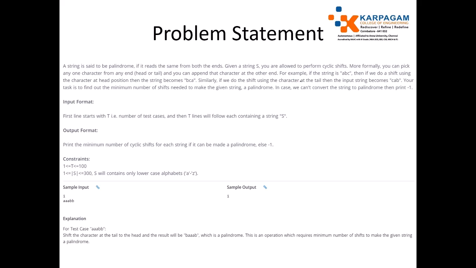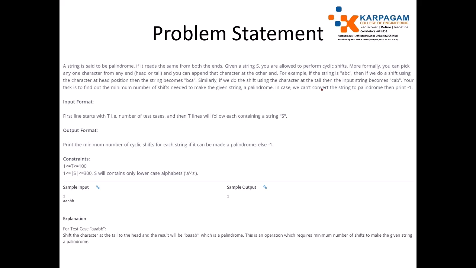For example, if the string is ABC, and we shift using the character at the head position, the string becomes BCA. Similarly, if you do the same shift using the character at the tail, the string becomes CAB. So you can take the character from one position and append it to the other position, head or tail.